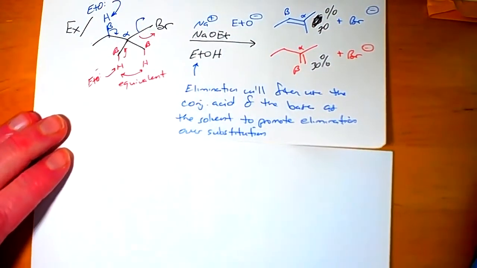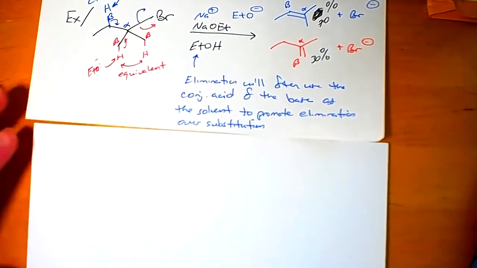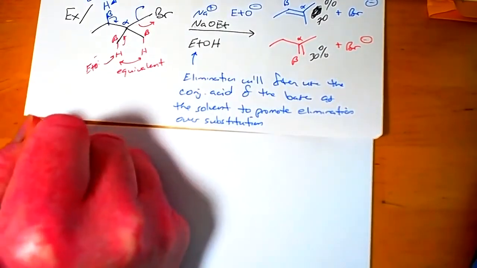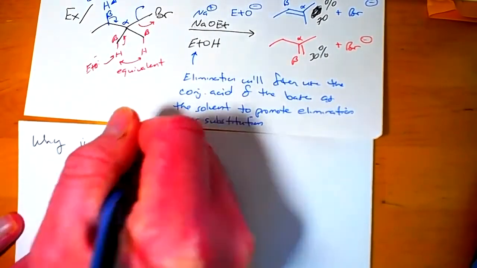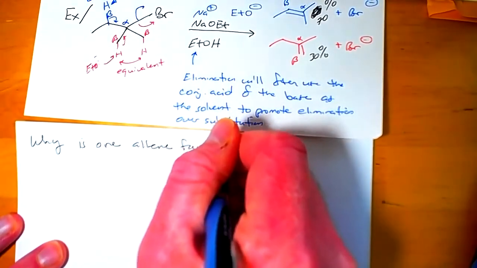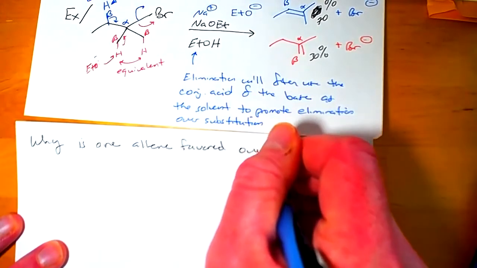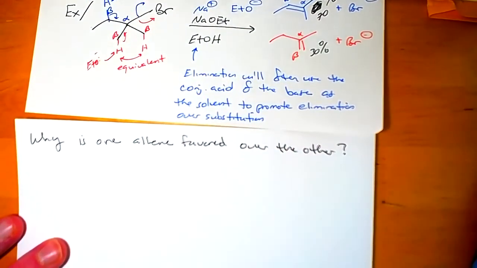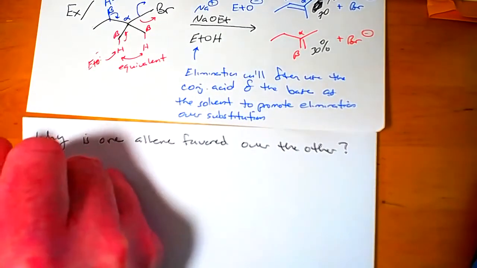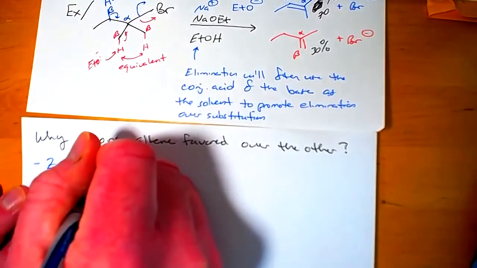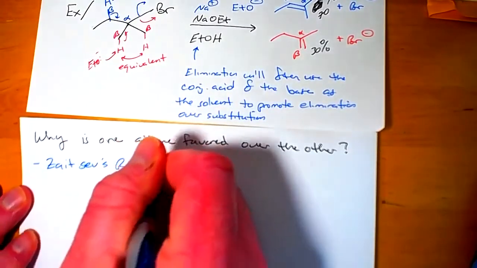Well, that has to do with the type of alkene that's been formed. So why is one alkene favored over the other? Question. And the answer is what is known as Zaitsev's rule. Okay.